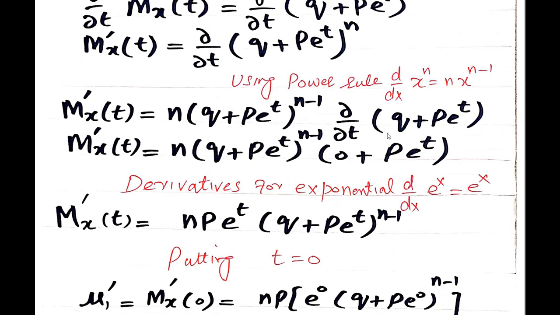When we take the derivative of q, it is equal to 0, because we differentiate with respect to t.